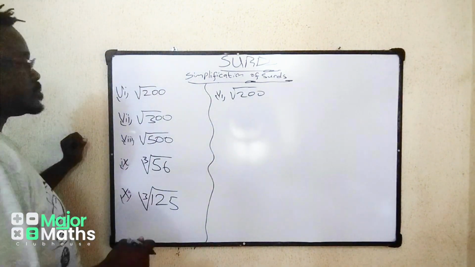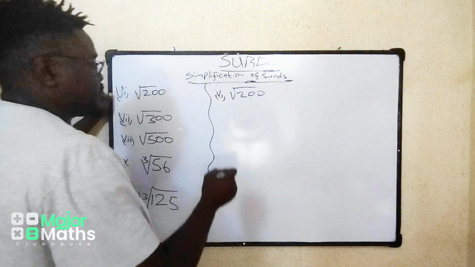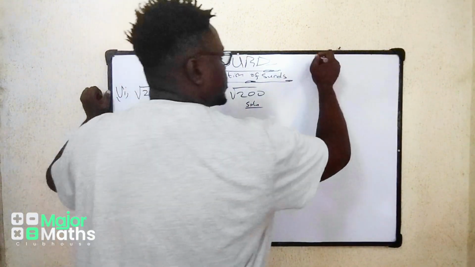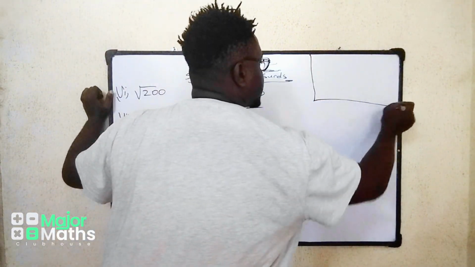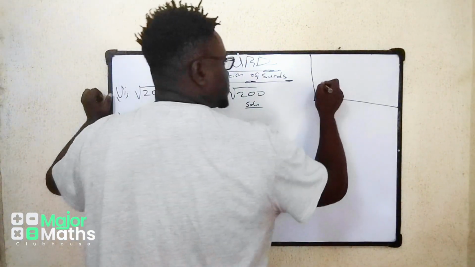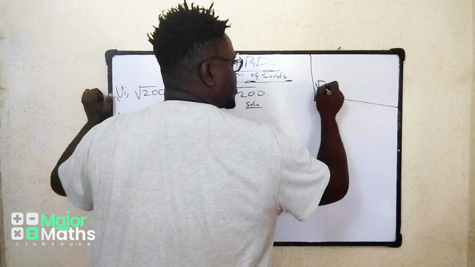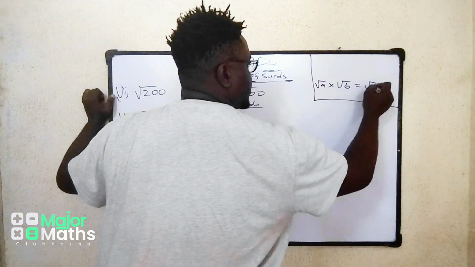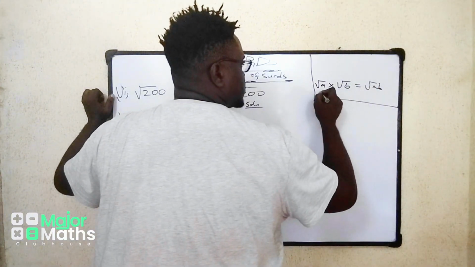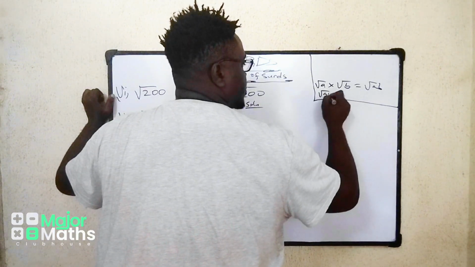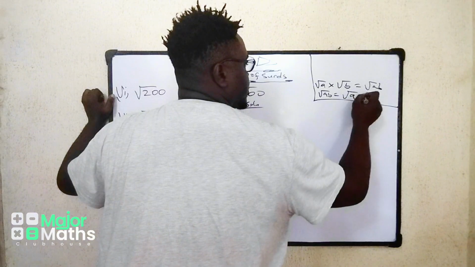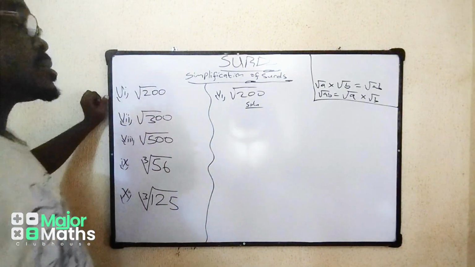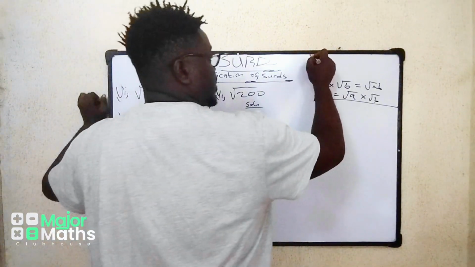First things first, we had our small worksheet here, and we were using the multiplication principle: root A times root B is equal to root AB, and root AB is equal to root A times root B. So what was the first thing we did? The first thing we did was to get the factors of 200.